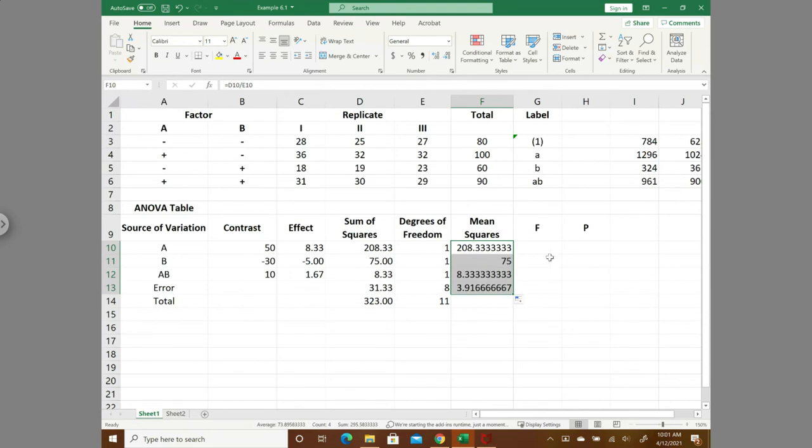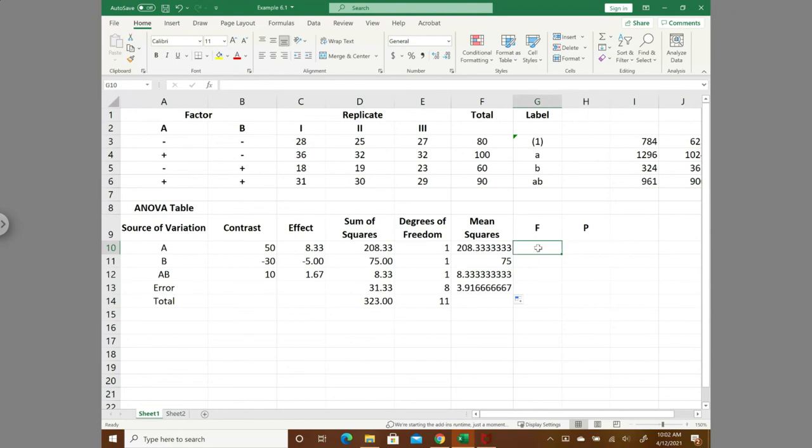Okay. Now let's calculate the F value, because we want to statistically prove whether the initial estimation we did, that the effect of A on the yield is significant, holds up. Same goes for B and the interaction. Once we calculate the F value, we can compare it with the F critical value at an alpha significance level of 0.05, or 5%, or we can calculate the associated p value and compare it with alpha.